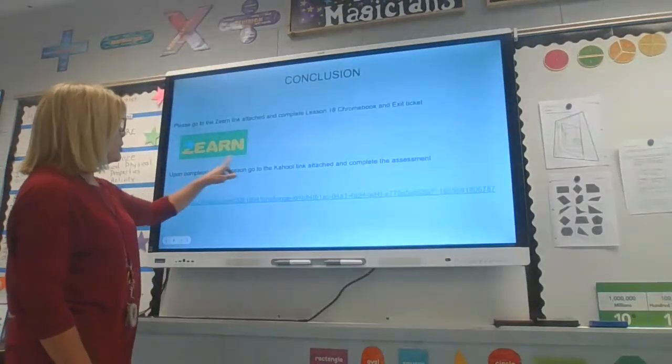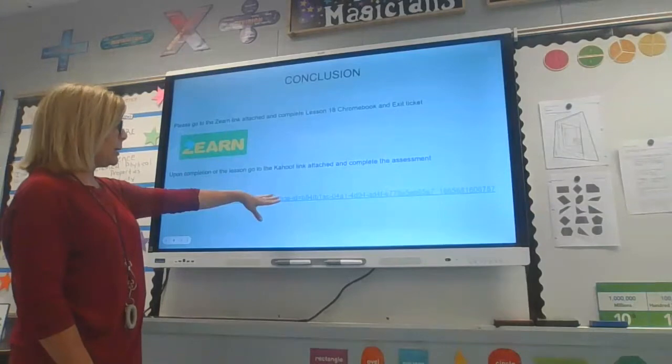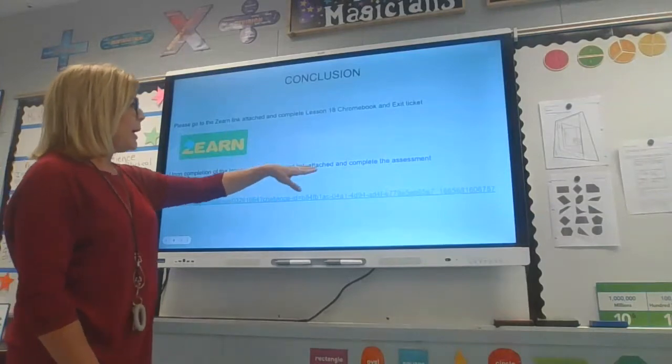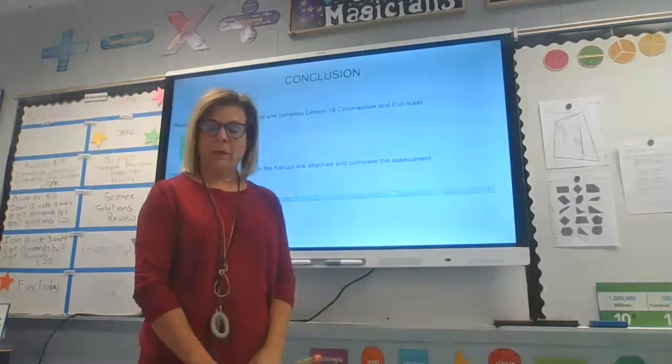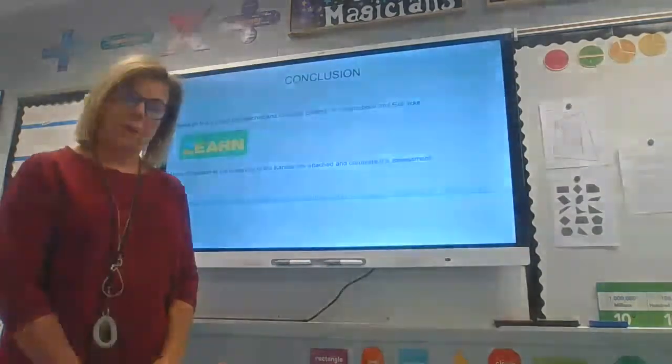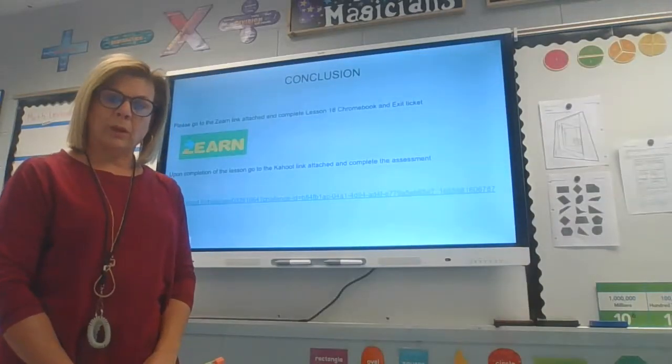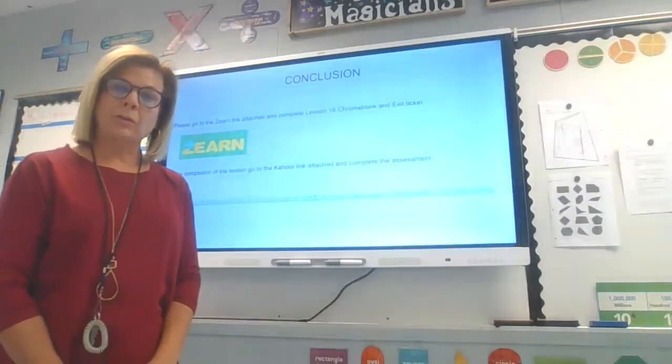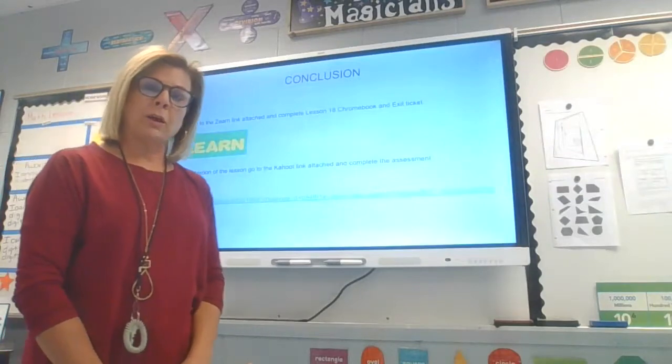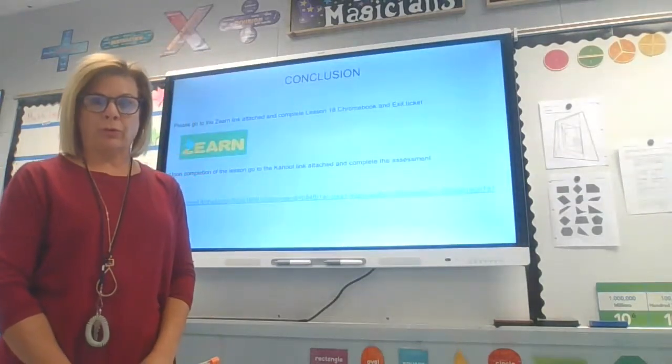I want you to go on the link here for Kahoot and complete the assessment. It's 10 vocabulary words on the shapes that we have touched on and their definition. There's some multiple choice and some true false.